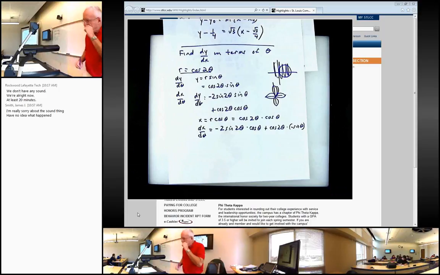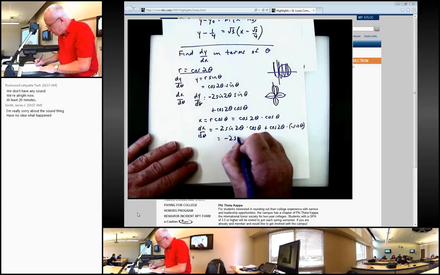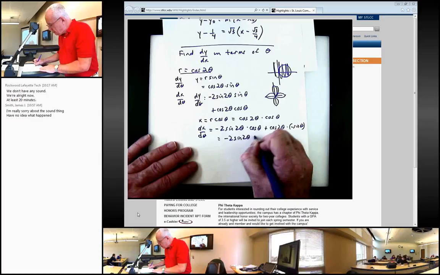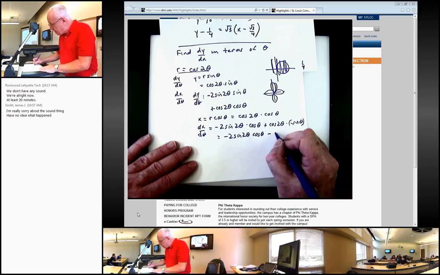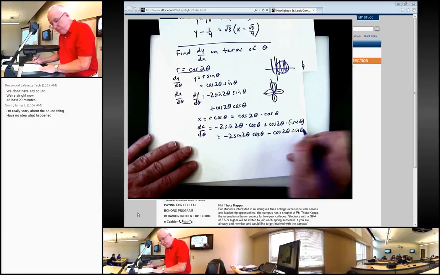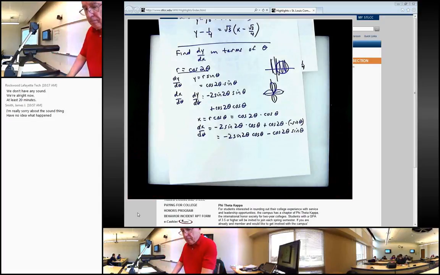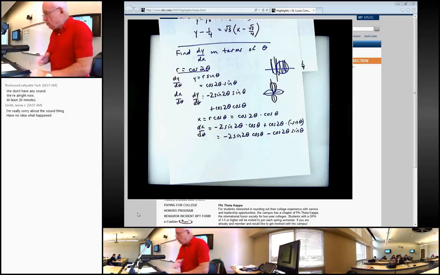Rewriting that: minus 2 sine of 2 theta cosine theta, minus cosine of 2 theta times sine of theta.